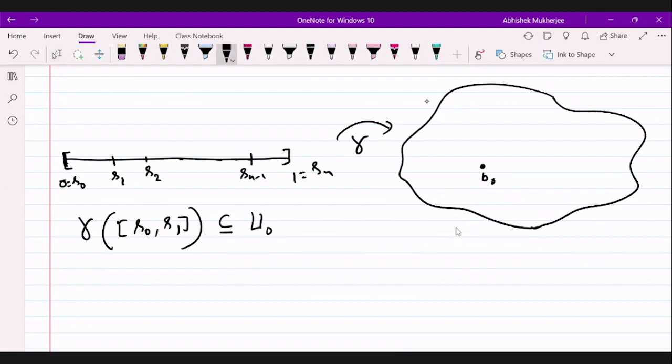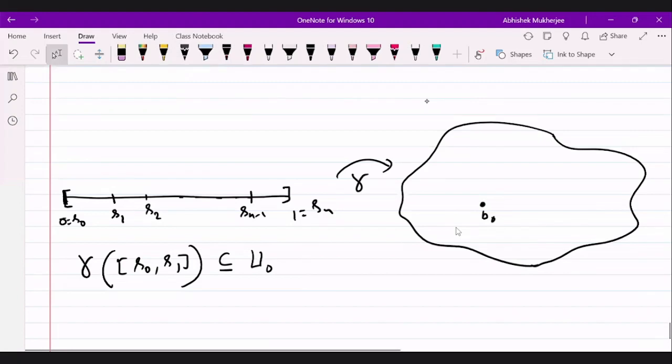Good. So using this B naught, this B naught is actually gamma of 0, that means gamma of S0.